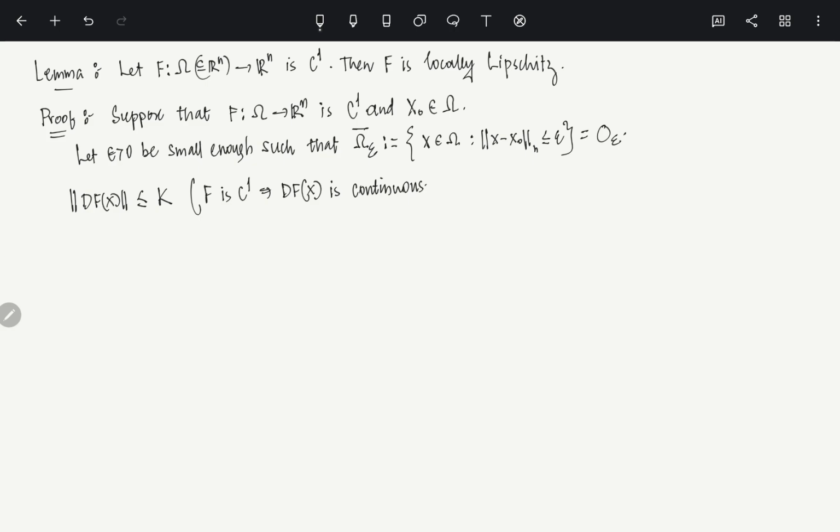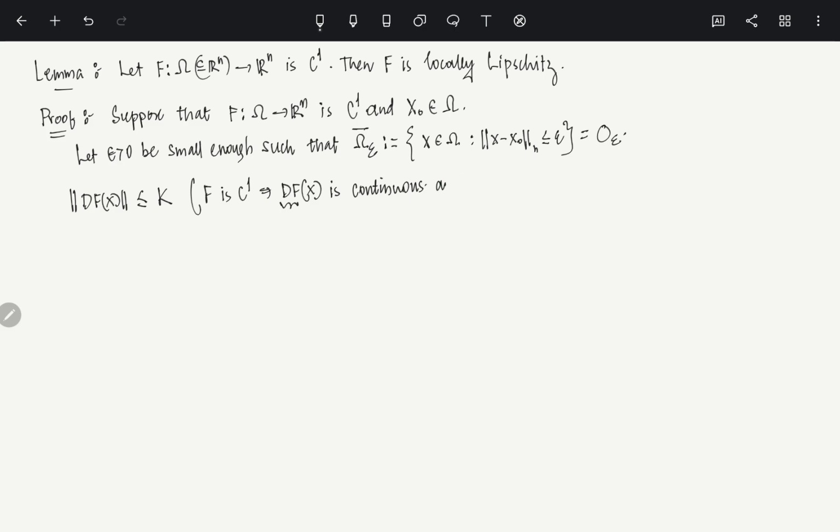If f is C1, that map df is a continuous map. Again, df at a particular point x is a linear map, that is different, but anyways here in our case dfx is continuous, right?